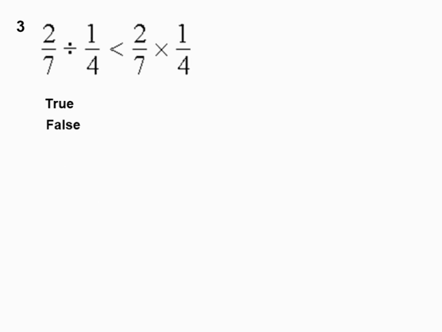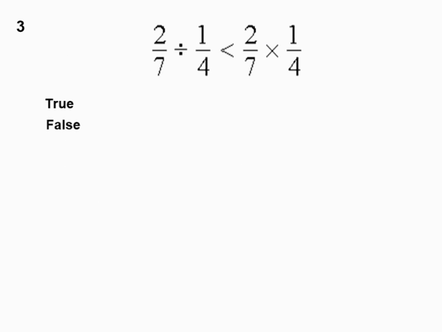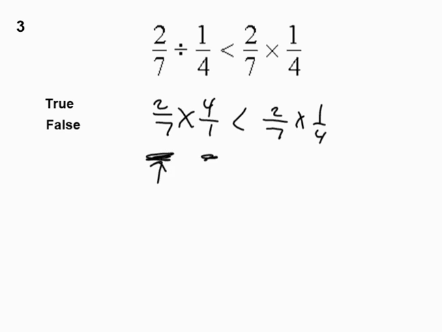Question 3. Now, we have a division and a multiplication. Remember, if you are going to do division, you can keep the first fraction and change the division to multiplication by the reciprocal. If I look at this question and say I had 2/7 of pizza and I multiplied by 4, that means I'm going to have 4 of these. And if I have 2/7 of pizza and I multiply it by a quarter, I'm only going to have a quarter of this.